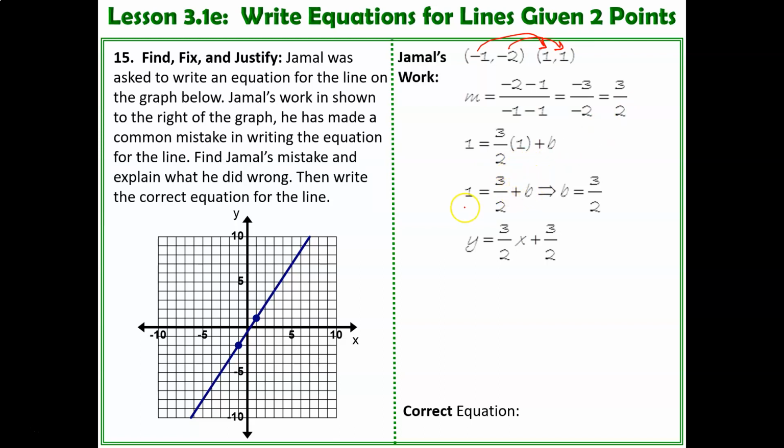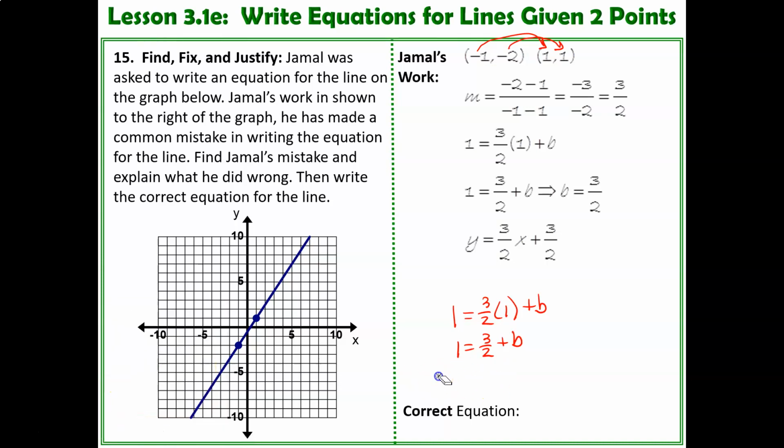So he plugged in 1 and 1. He was good until here. Now he has to subtract the 3/2, which is the same thing as subtracting 1 1/2.